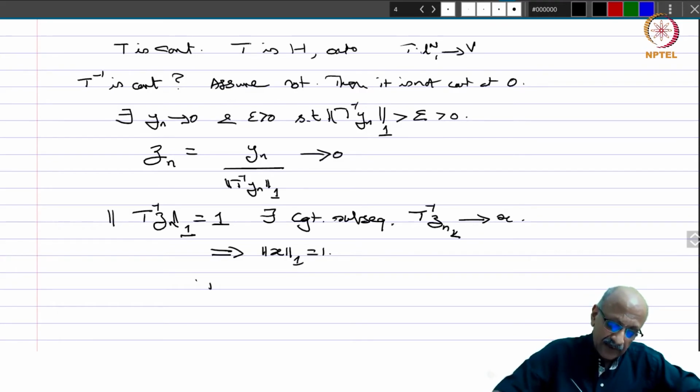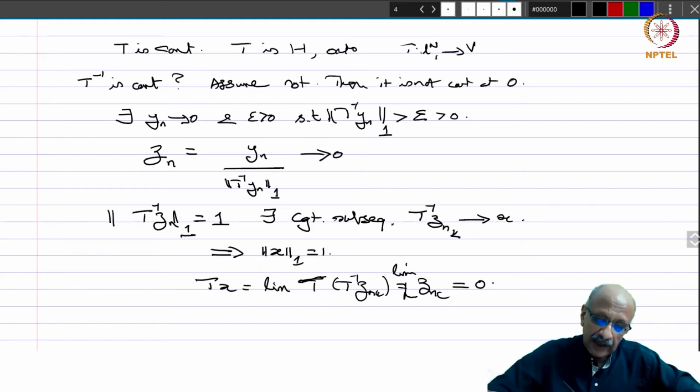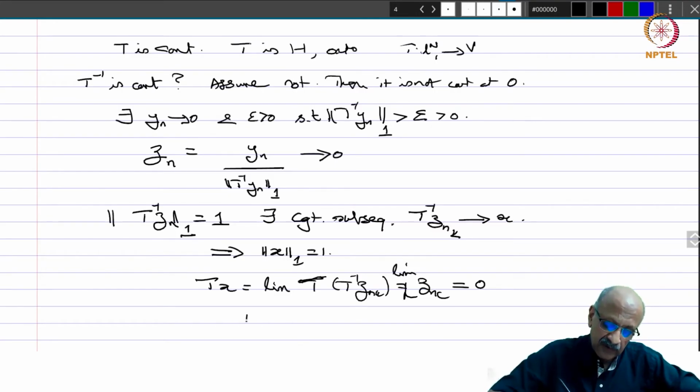But what about Tx? Tx is the limit of T of T inverse Znk, which is the limit of Znk, and that is 0. So Tx equal to 0 and norm x equal to 1, which is impossible since T is 1-1. Therefore contradiction.